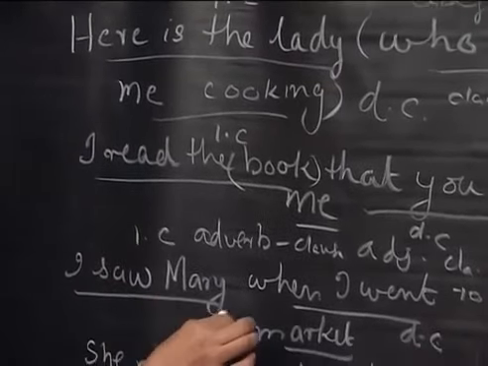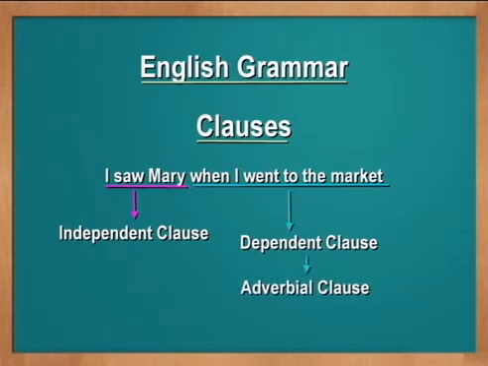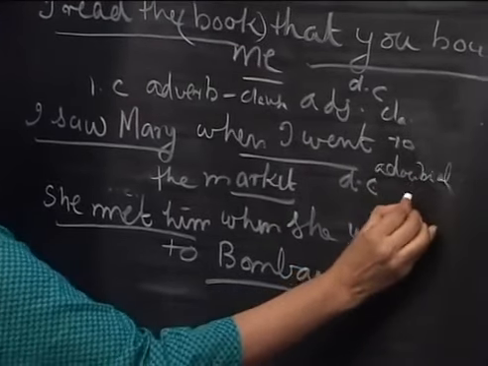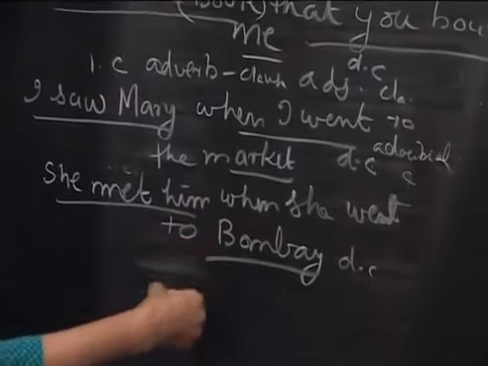I saw Mary when I went to the market. "I saw Mary" is the independent clause, and "when I went to the market" is the dependent clause, and this dependent clause acts like an adverb. So, it is an adverbial clause. Same way, she met him when she went to Bombay.